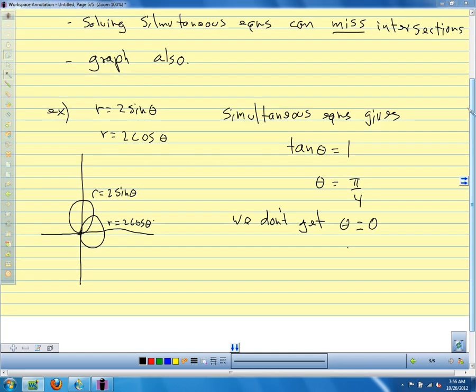Well, let's take a look. 2 cosine theta equals 0 when theta equals pi over 2. 2 sine theta equals 0 when theta equals pi and 0.